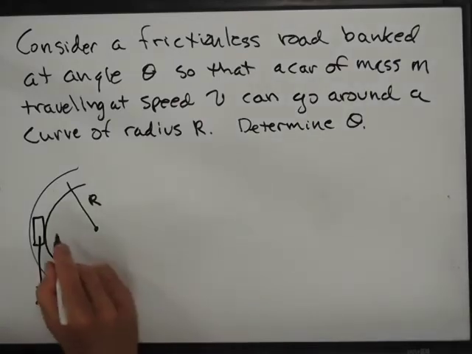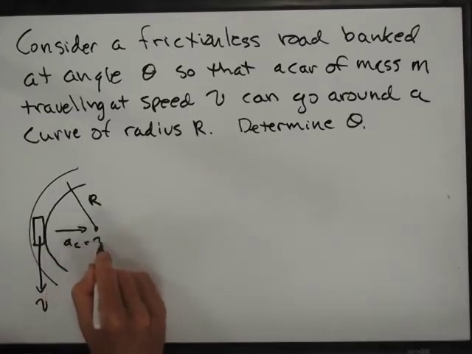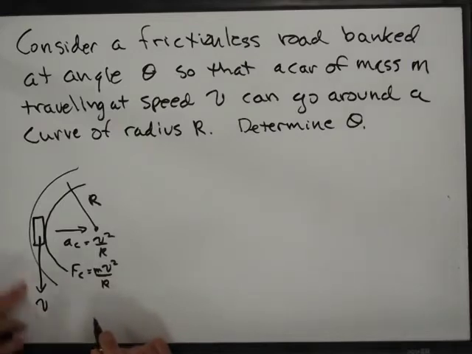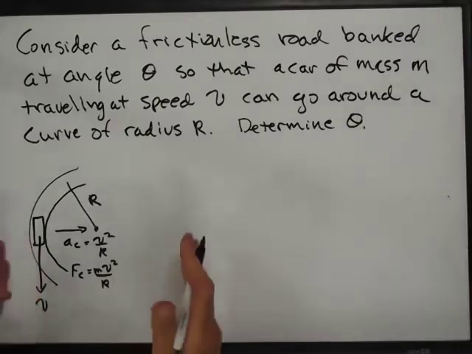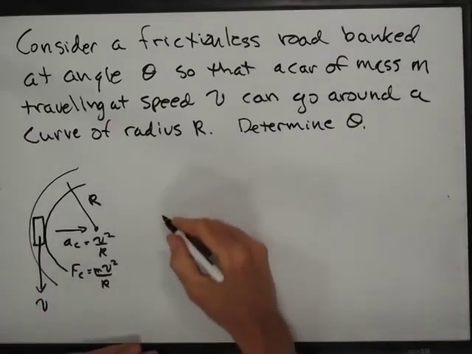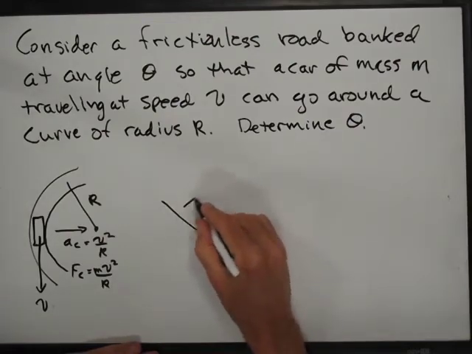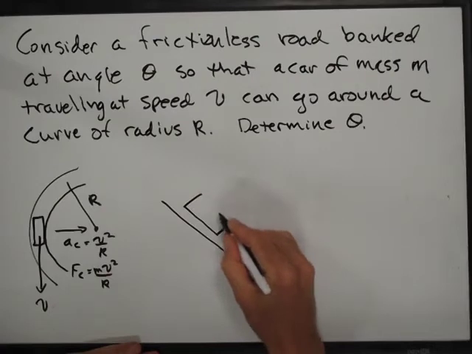Once again, I'm going to have an acceleration this way, a sub c, which is v squared over r, and that tells me that my centripetal force is mv squared over r. And just like in the previous problem, I'm going to draw the car looking at me. Here is the tilt in my road, and here's my car.